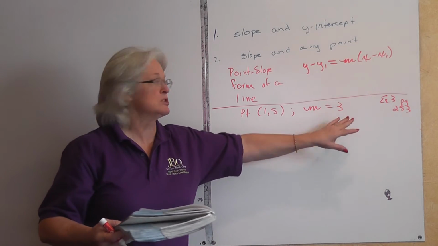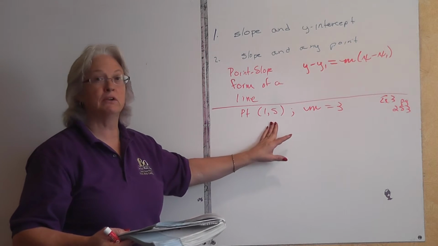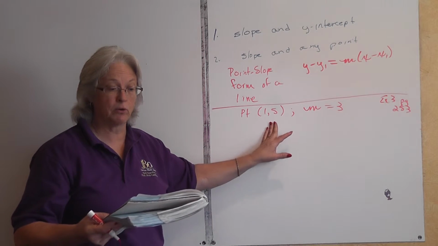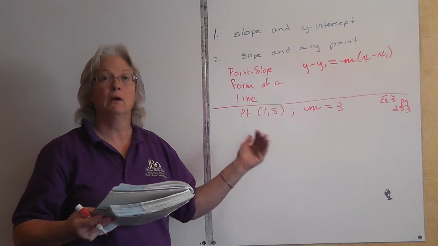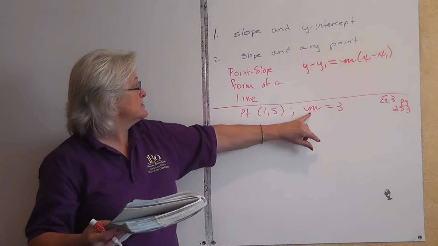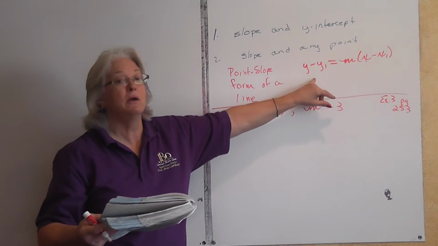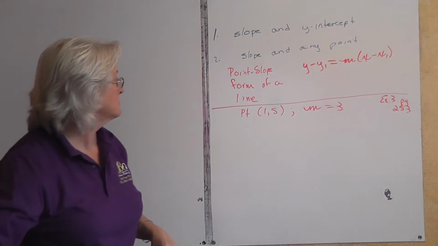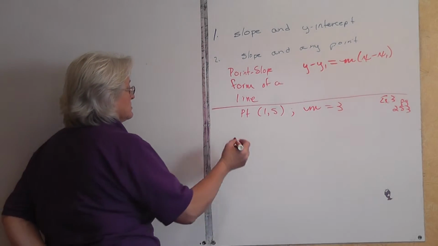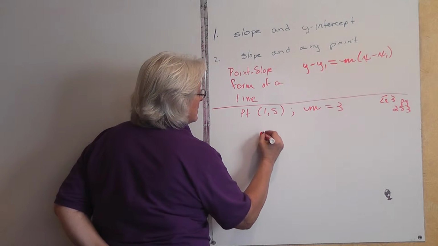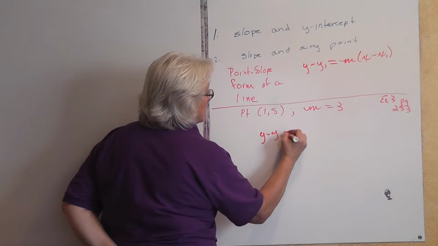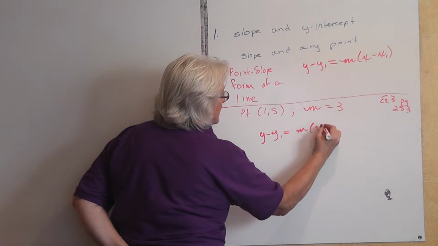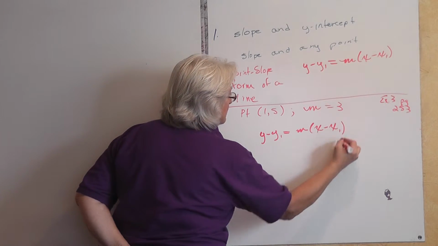Slope is m, which is 3. The point that we're going to use is represented here by the ordered pair 1, 5. All we have to do is substitute this information into our point-slope form of the line. Your very first step is to write the point-slope form. Y minus y sub 1 is equal to m times x minus x sub 1.